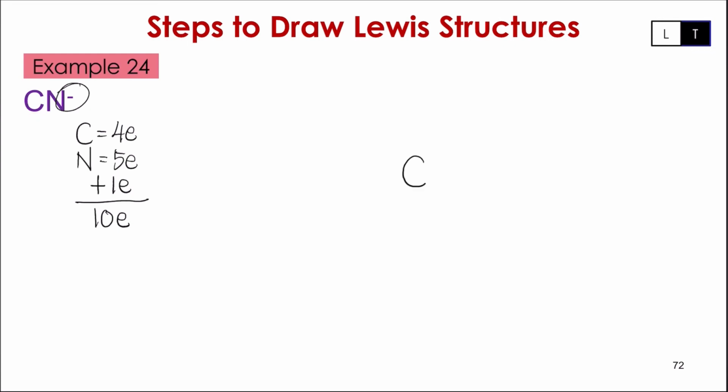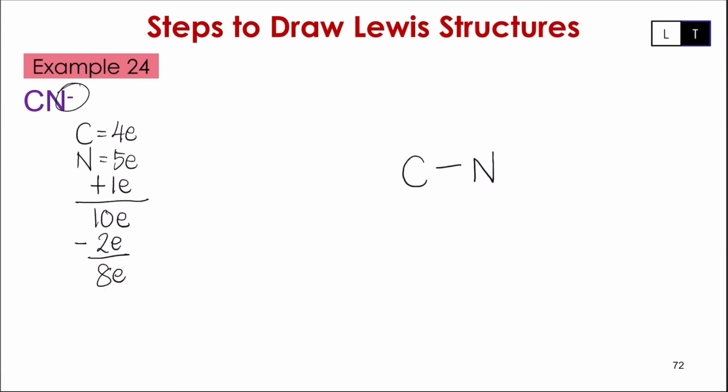So I will draw carbon first as central and nitrogen bonded to carbon. So we have 1 bonding pair already used up. So subtract 2 electrons, so 8 remain. And after that, the rest of these 8 electrons we will fill on the terminal atom.